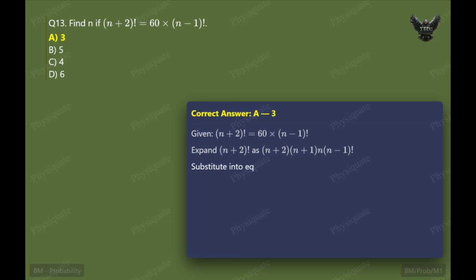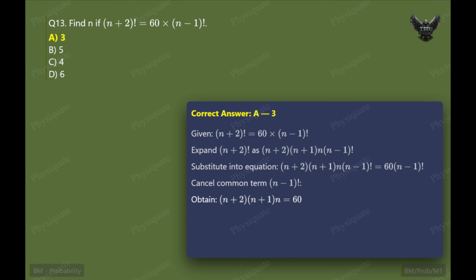Substitute into equation: (n plus 2)(n plus 1)(n)(n minus 1)! equals 60 (n minus 1)!. Cancel common term (n minus 1)!. Obtain (n plus 2)(n plus 1)n equals 60. After simplification, n cubed plus 3n squared plus 2n equals 60.